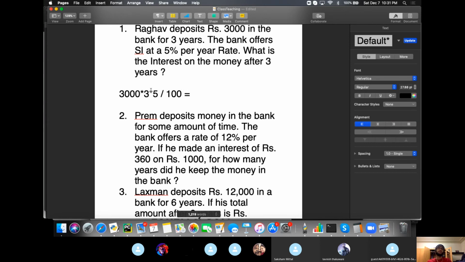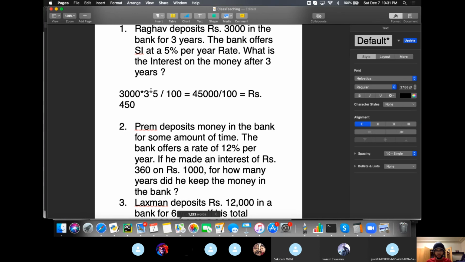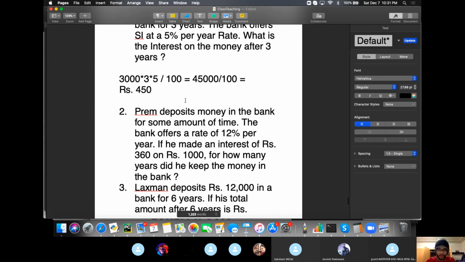That would give us 45,000 divided by 100, rupees 450. That is the interest. You don't have to tell if you got the answer right or wrong.